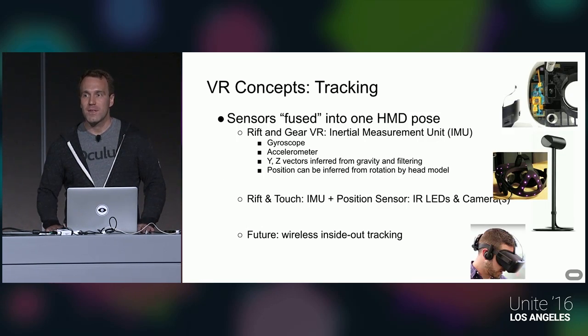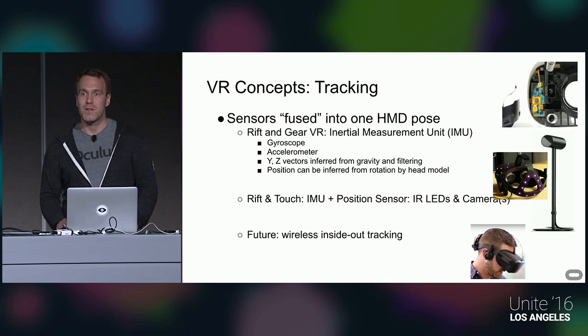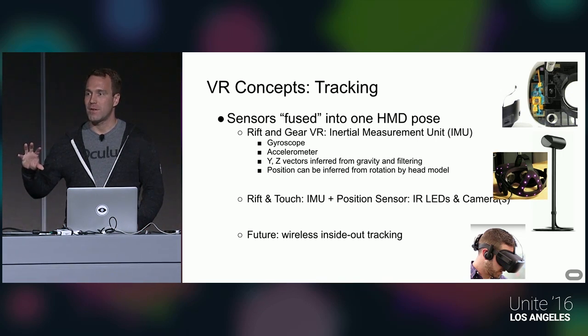Another important concept is tracking. On Gear VR, and if anyone here actually used a DK2 or DK1 or earlier, we had IMU-only based tracking. That was using a gyroscope and accelerometer, which we collectively call the inertial measurement unit. And that just reports a reliable rotation reading.